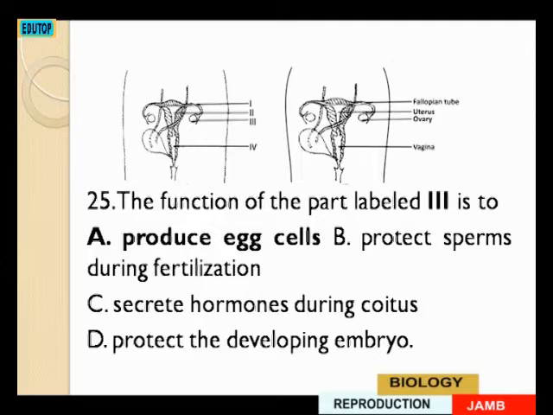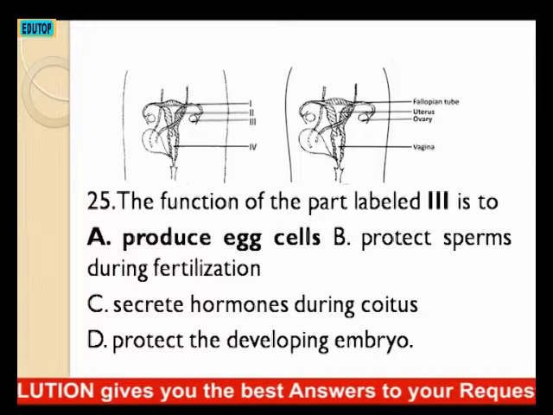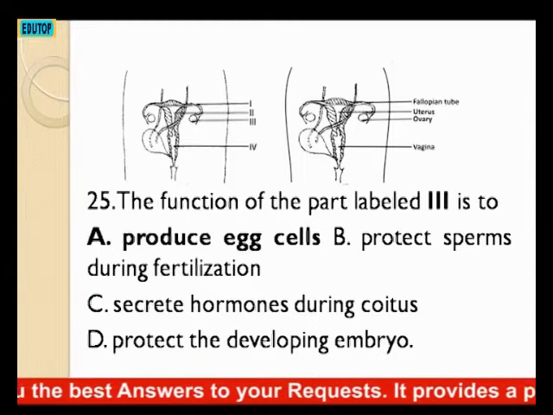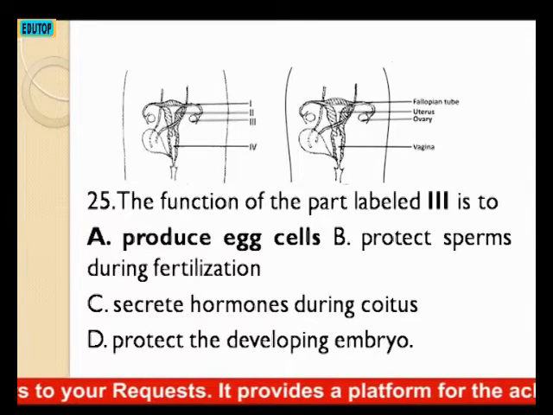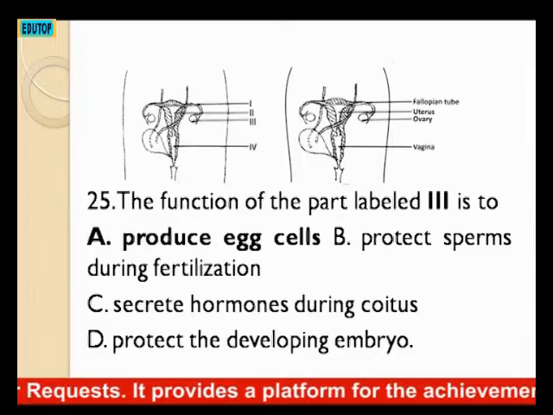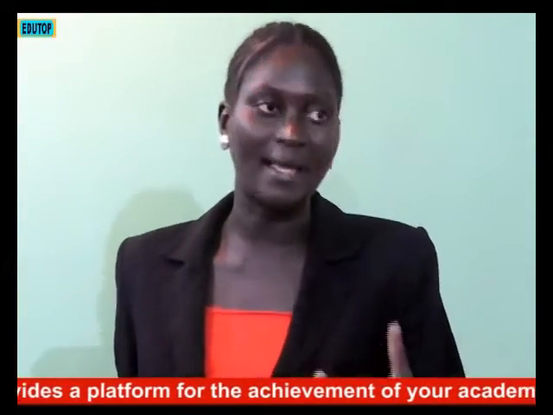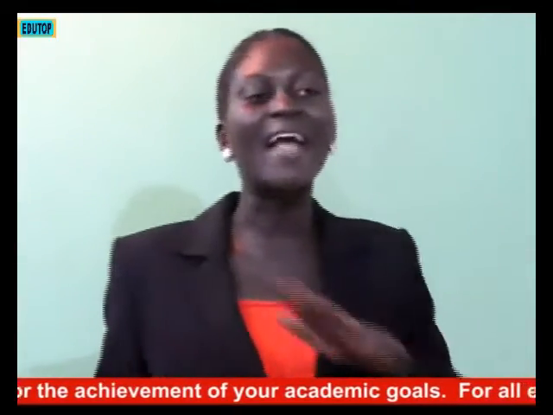Then the next question says the function of the part labeled 3 is to do what? The part labeled 3 is the ovary, and its function: option A says to produce egg cells, B says to protect sperm during fertilization, C says to secrete hormones during coitus, D says to protect the developing embryo. The function of the ovary is to produce ovum, that's the egg, and that's the answer, option A. The ovary produces egg cells.